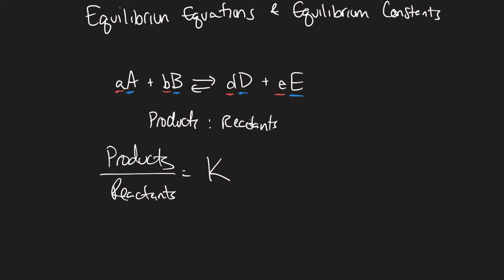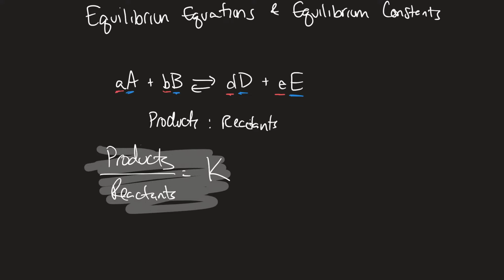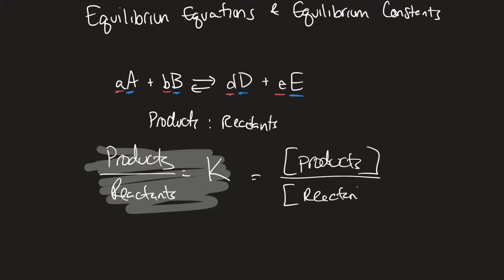This is our general equilibrium equation, where K is basically the ratio of your products' concentration over your reactants' concentration. Another way we typically write this is the concentration of your products divided by the concentration of your reactants, equal to K.